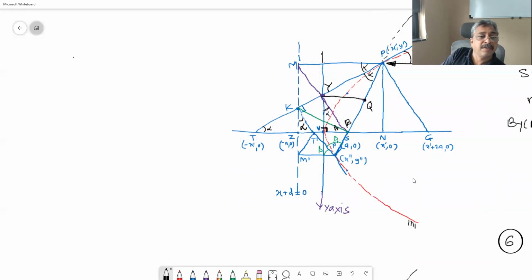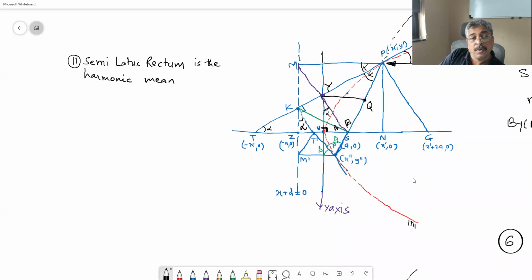Property number 11: the semilatus rectum is the harmonic mean of SP and SP dash.